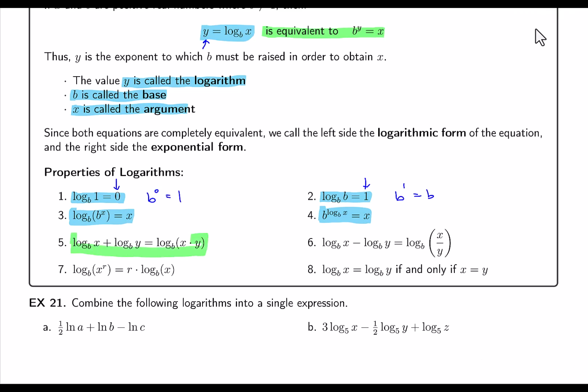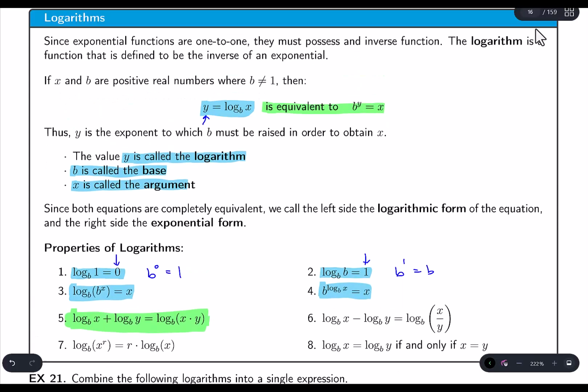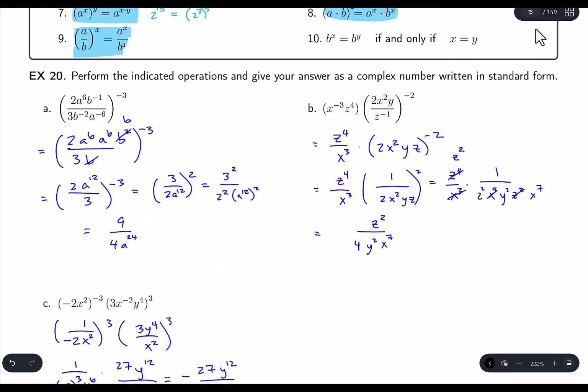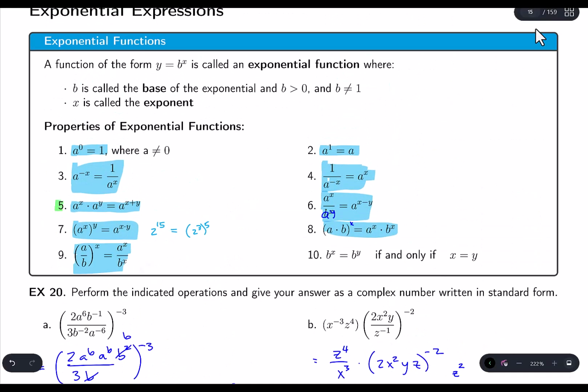So a logarithm of one base added to another logarithm of the same base can be combined into a single logarithm of the same base where the arguments are multiplied. This is the logarithmic form of the rule we saw up here in number 5 for exponential functions.